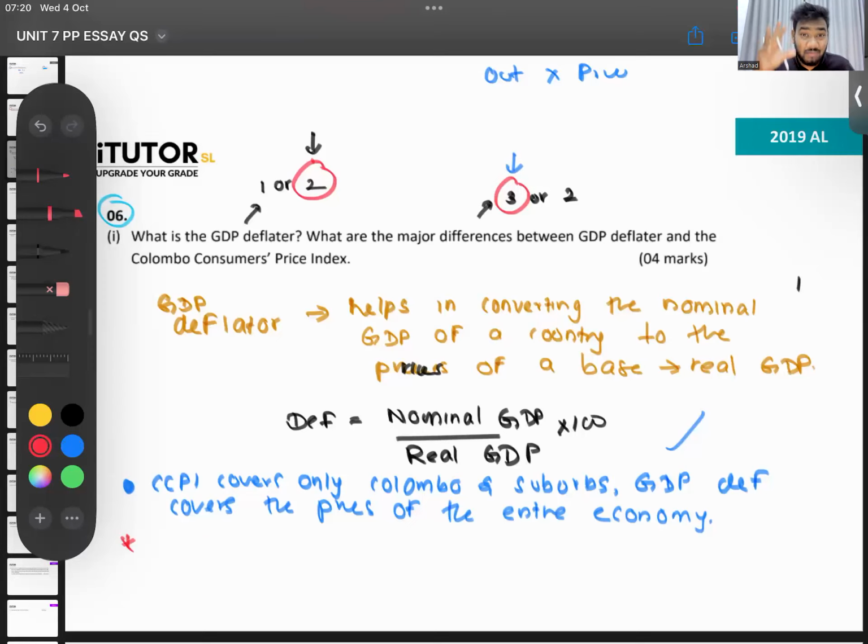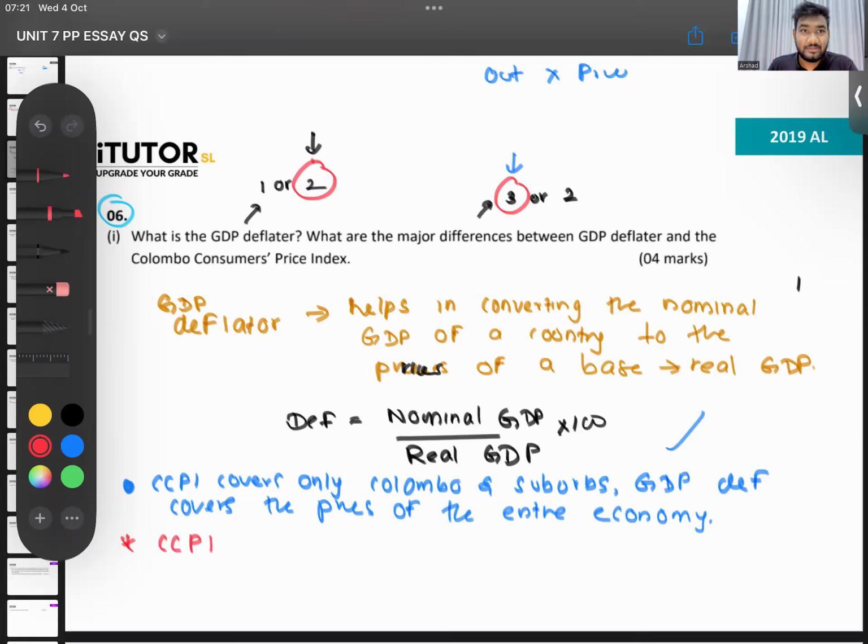No? So this basket of goods doesn't have all the goods. It only has certain goods and services. You go and see in the latest, like 2021. Remember I showed you all the new base year. There is that table. In that table, can you all tell me, guys, how many goods does the CCPI cover? If I'm not mistaken, 390 something.